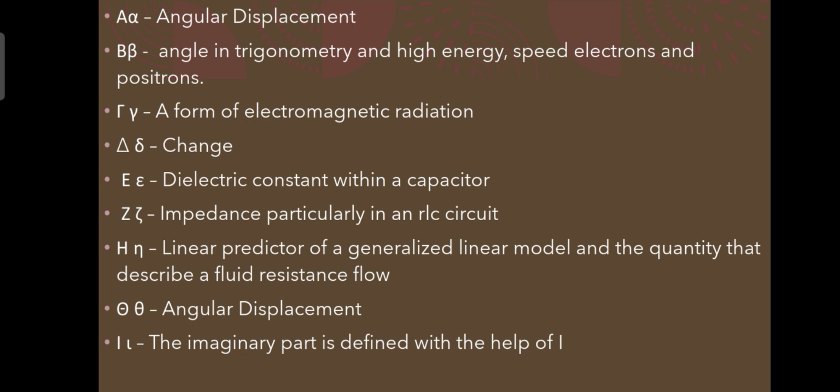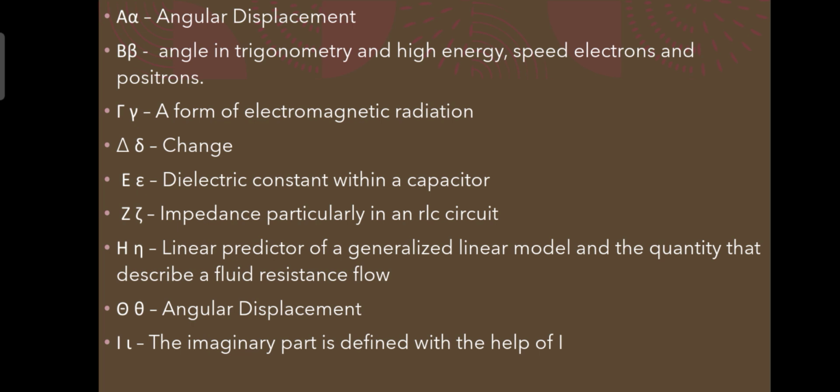Delta is change, epsilon is a dielectric constant within a capacitor. Zeta is an impedance, particularly in an RLC circuit. An RLC circuit is a circuit having a resistor, the R, inductor, the L, and capacitor, the C. Now we have eta, the linear predictor of a generalized linear model, and the quantity that describes a fluid's resistance to flow.